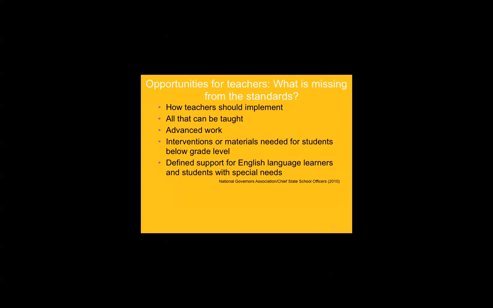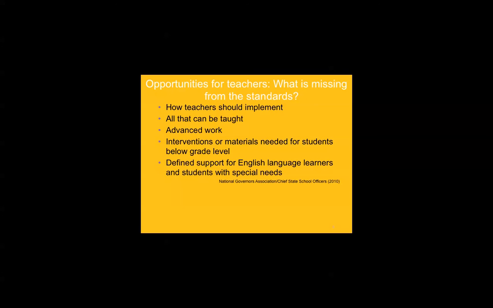So what's missing from the standards? Well, how teachers should implement it. That's kind of one of the ways and reasons why I came up with this as my final project for this class is, well, how should it be implemented? I give one kind of way to do that, and there's probably a myriad of ways of doing it, but I've always thought that backwards design has been a very effective tool in developing those ways of implementing Common Core into the curriculum.